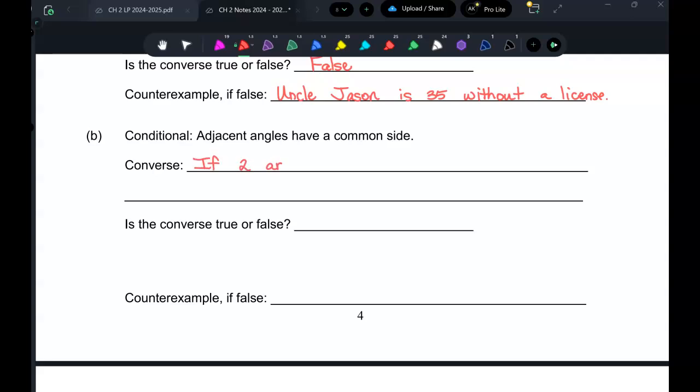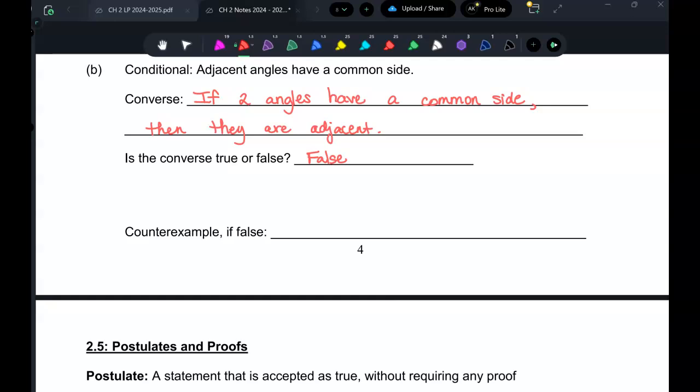If two angles have a common side, then they are adjacent. Now this is false. I need a counterexample. The best way to do this is probably to draw a picture.